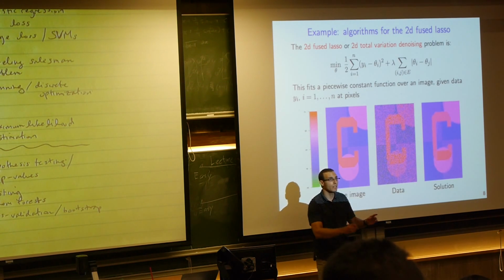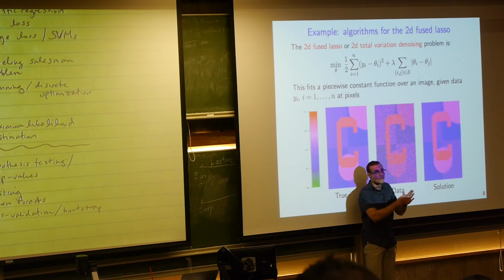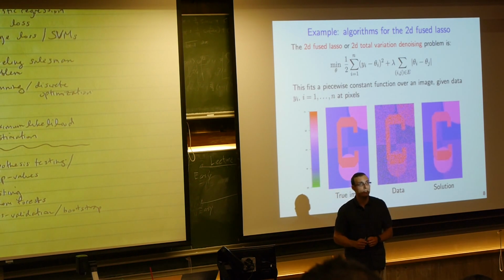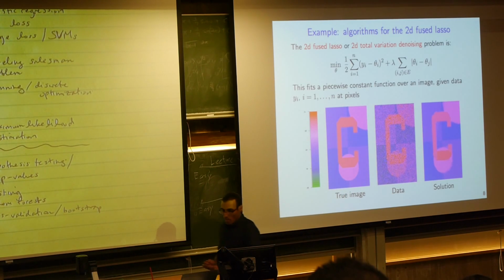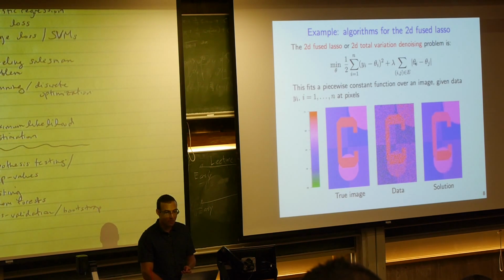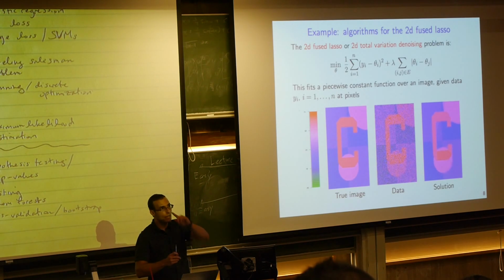That's the set E. It gives you all the adjacencies, things that are next to each other, either horizontally or vertically in this image. And here I'm penalizing the absolute difference between all adjacent entries of theta. So it's saying that if I were at any one pixel and were to move up or down, or left or right, the neighboring pixel values should be similar.